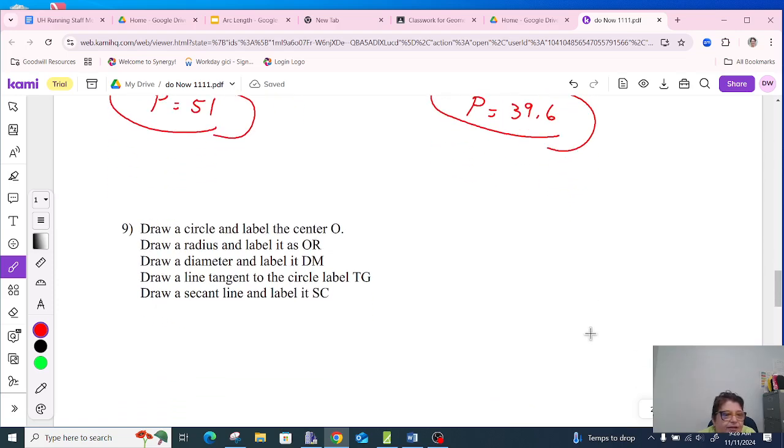Okay, so let's go ahead and hand these out because they have circles on them, or you can use their pencils. Hold on one second.